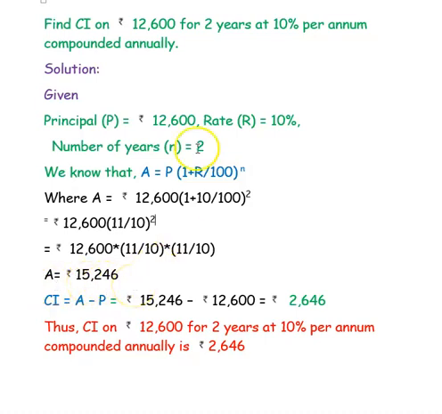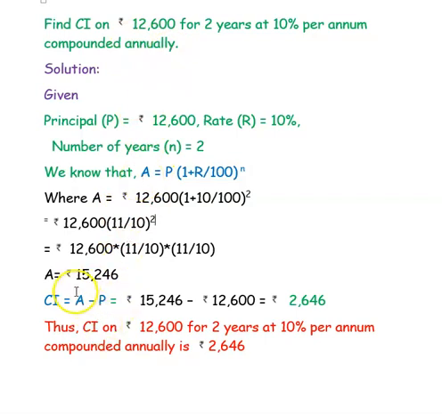Now in our question, we want to find only the interest. This is the amount along with the interest. So we want to subtract the principal, what we invested at the beginning of the process, from this amount. What we invested is 12,600.